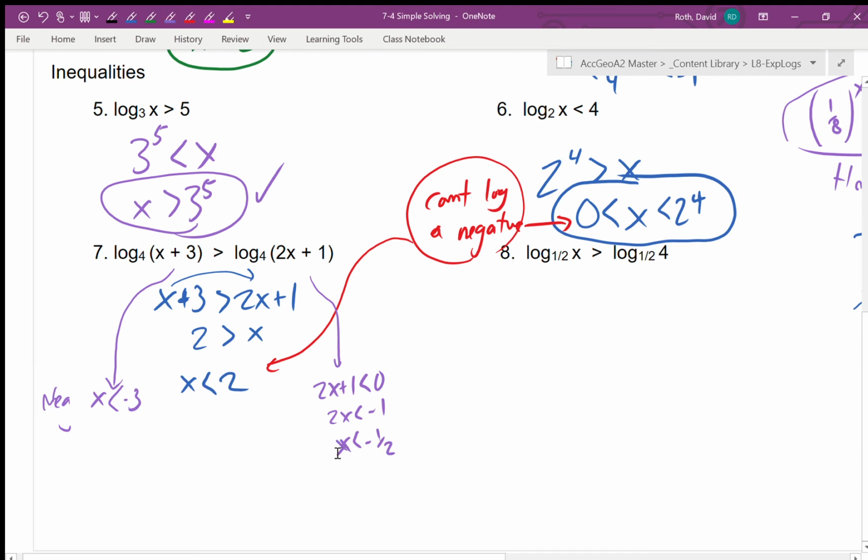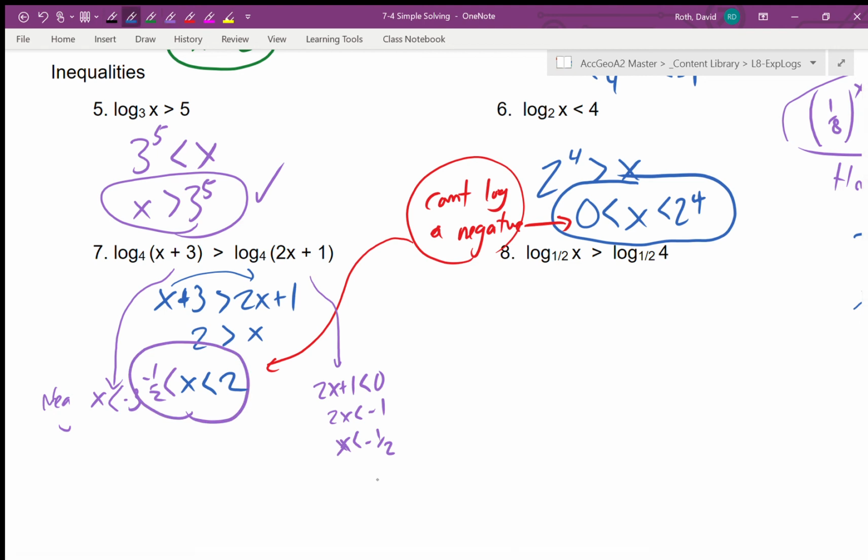Now, which one of these is going to determine which one goes here? Hopefully you can see that x less than -1/2 is more restrictive, because -1 won't work in this. Anyway, this is what can't happen, so I'd have to have x greater than -1/2. And greater than -1/2 will complete this.